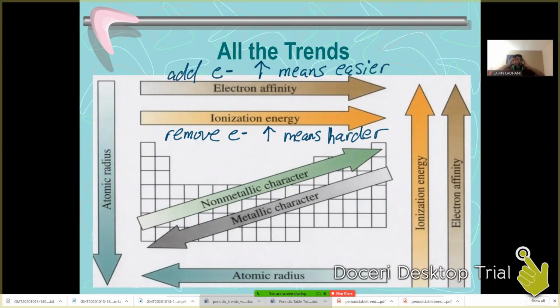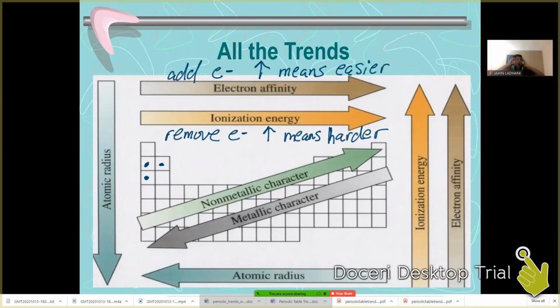All right, so down below are some examples of what you would do using the trend. So let's just look at the first one. The first one gives me lithium, which is about right here on your periodic table, sodium, and beryllium. And then it says which one of those has the largest atomic radii.